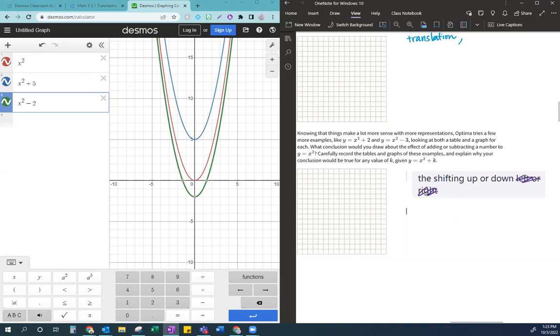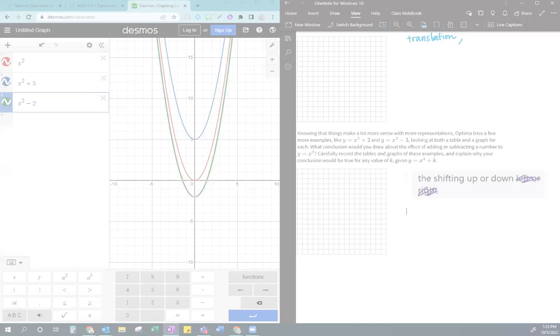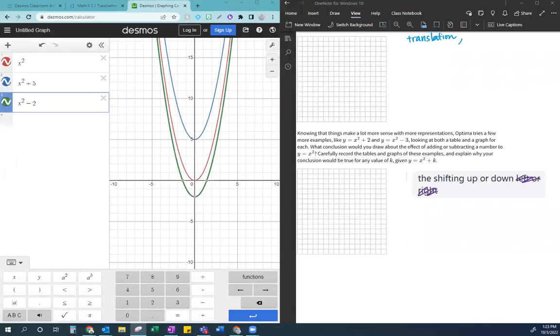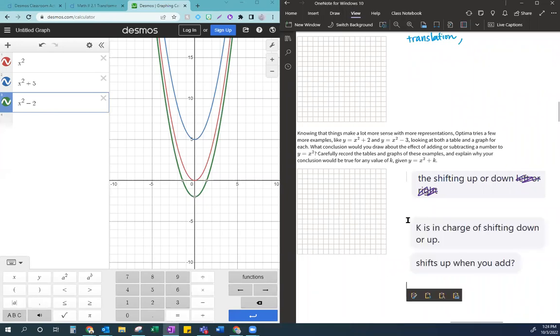So I'm going to copy and paste this person's stuff because they said K is in charge of shifting up or down. Let's put that here. K is in charge of shifting up and down. It shifts up when you're adding, right? Very good. Strong work.